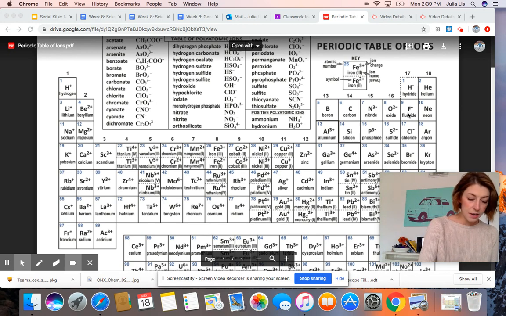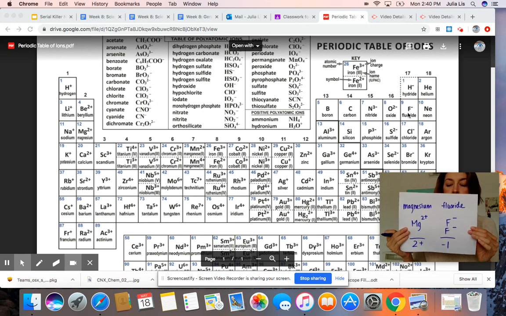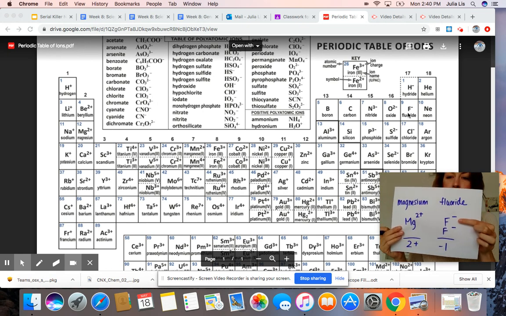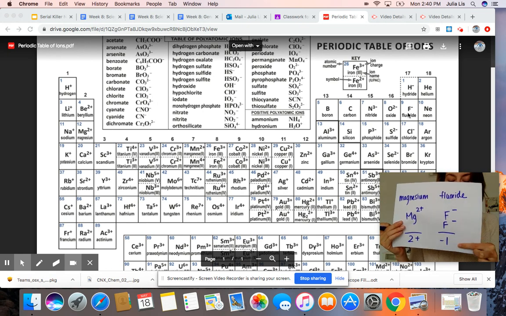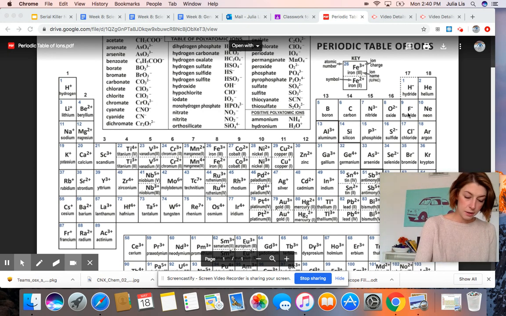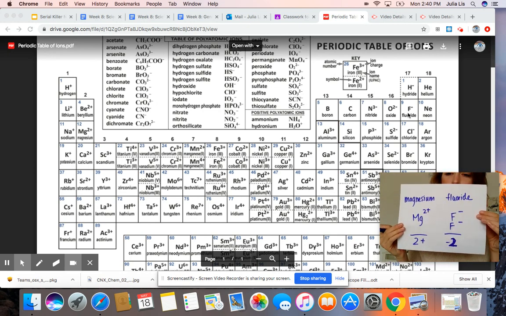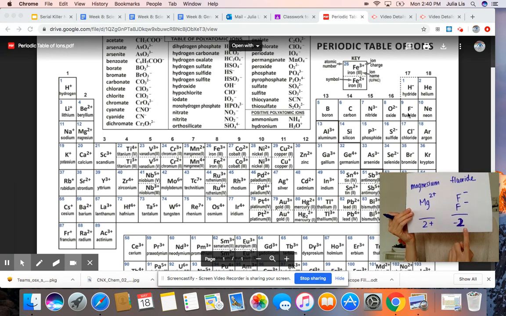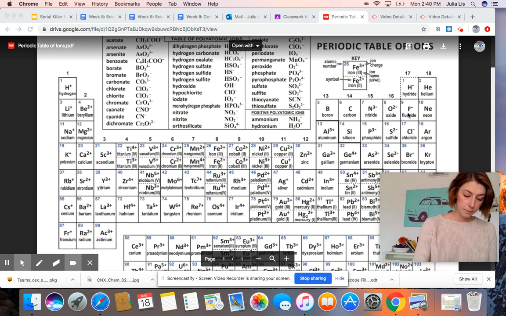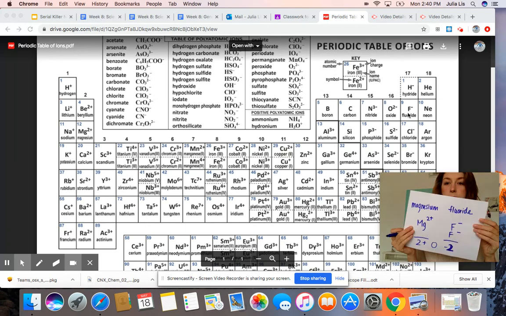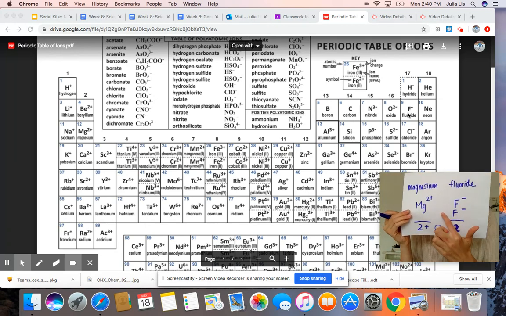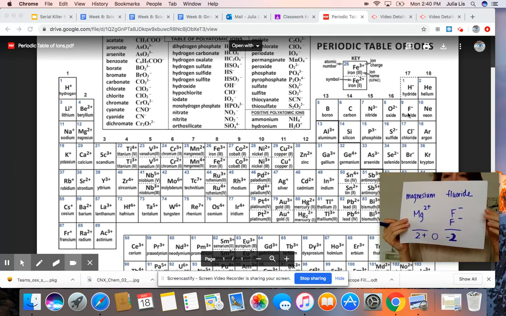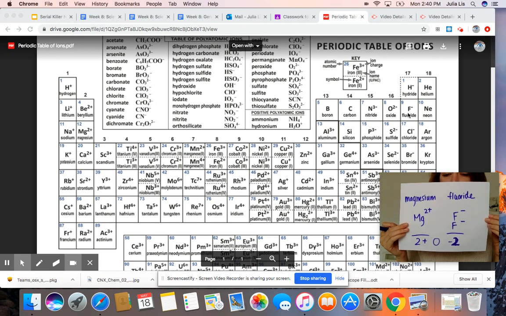So if I add another whole fluorine atom, I then have -1, -1, which should give you -2. Okay, so now 2 minus 2 gives you 0.